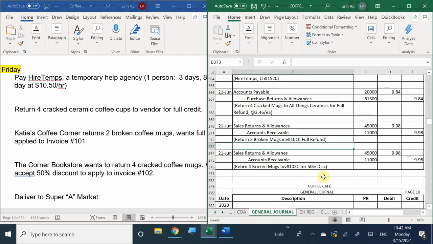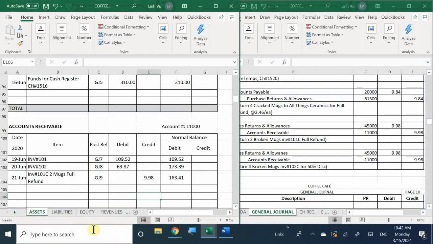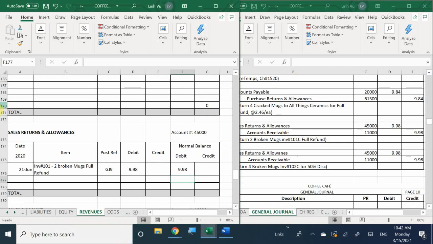Ledger. Okay. Let's go to revenues. Here we are. Same spot. 621. Except this is invoice number 102. And they returned 4 broken mugs. 50% discount.